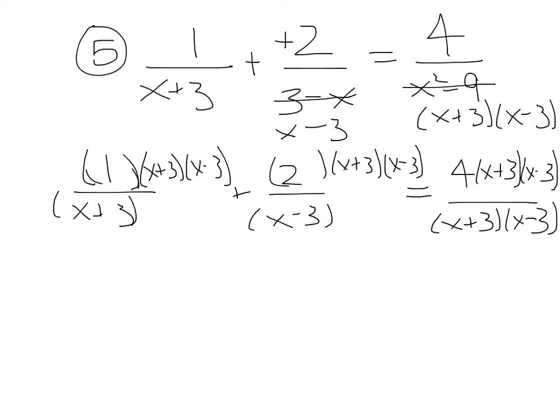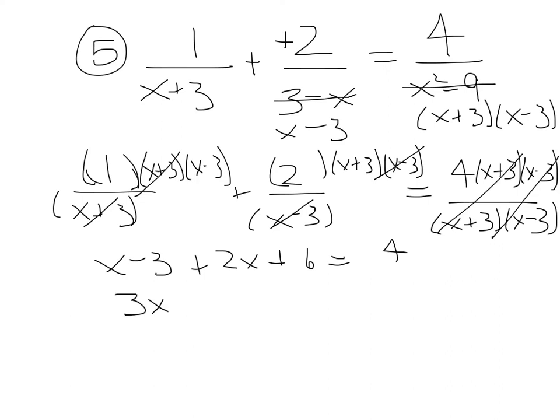And so now these reduce, and both of these reduce, leaving me with 1 times x minus 3 plus 2 times x minus 3 equals 4. Cleaning this up, 3x plus 3 equals 4, or 3x equals 1, or x equals 1/3.